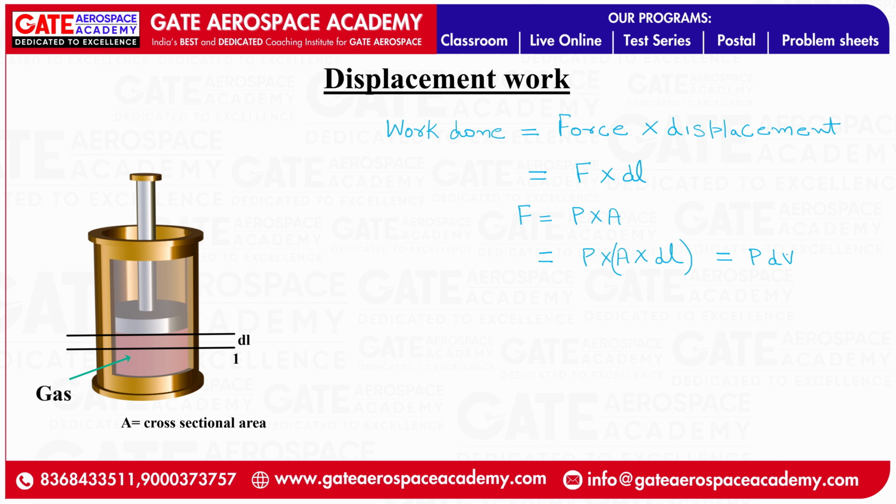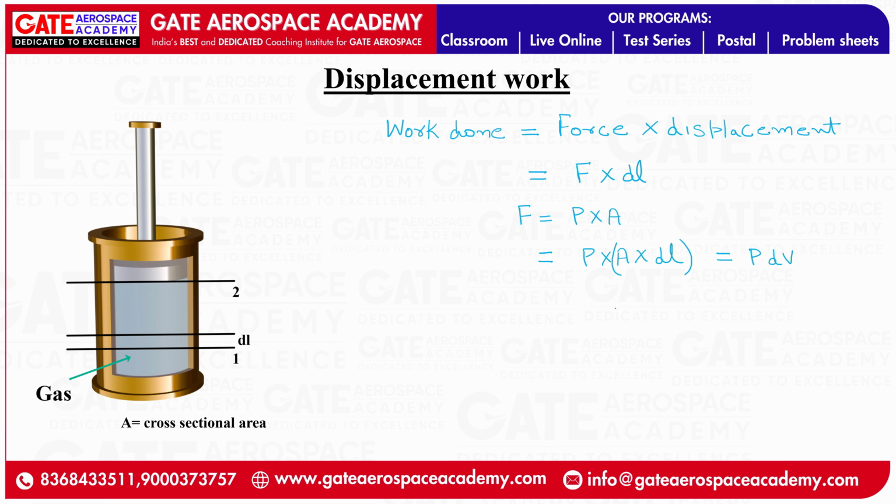We are denoting the volume by symbol V, right? So this will be small differential volume dV, that is area multiplied by small elemental length dl. This will be the work done in pushing the piston by a very small amount dl. Now let's say the piston is moving from state 1 to state 2, then what will be the work done?